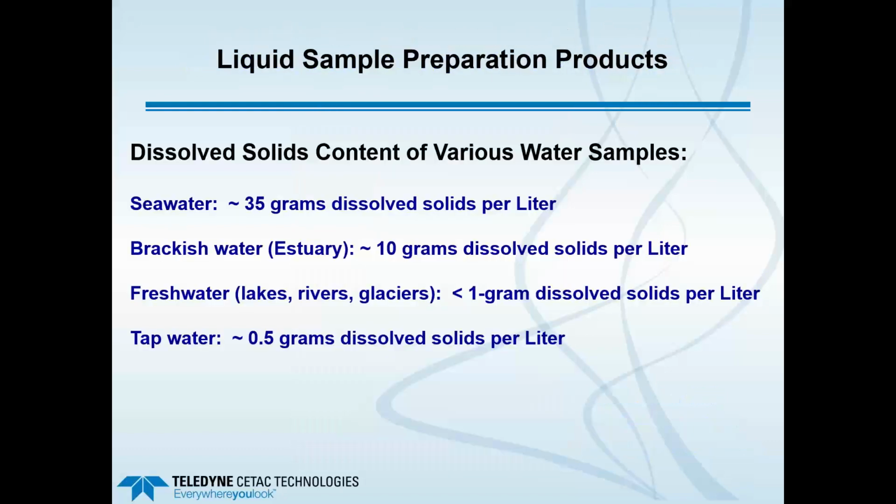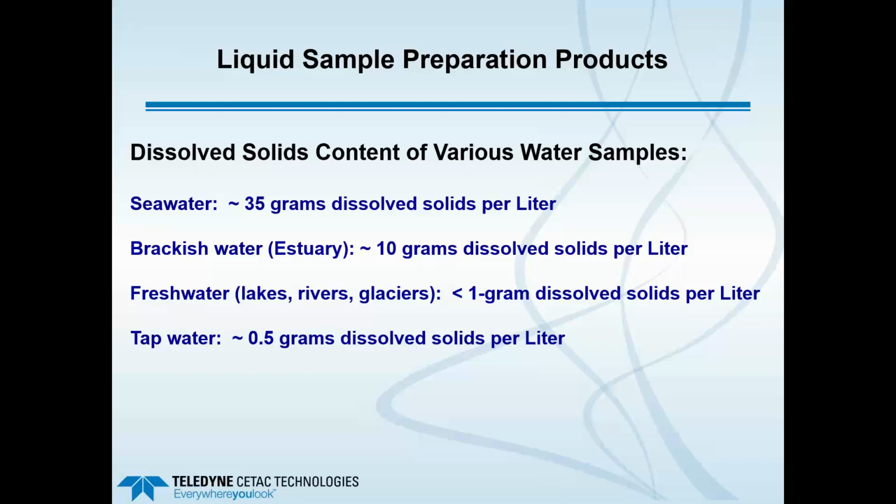So just as a bit of background for the dissolved solids content of various water samples, seawater is approximately 35 grams of dissolved solids per liter, or about 3.5% total dissolved solids. Brackish water or estuarine water, like we looked at for the NRC SLU 2 reference, is about 10 grams dissolved solids per liter.